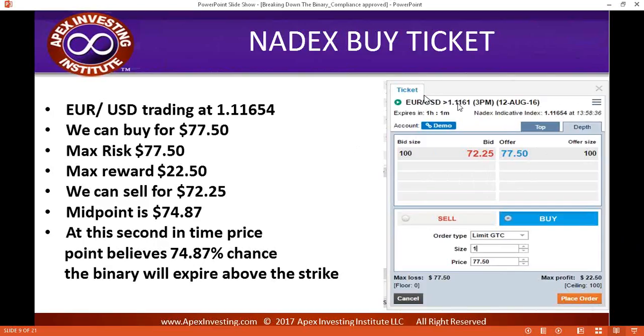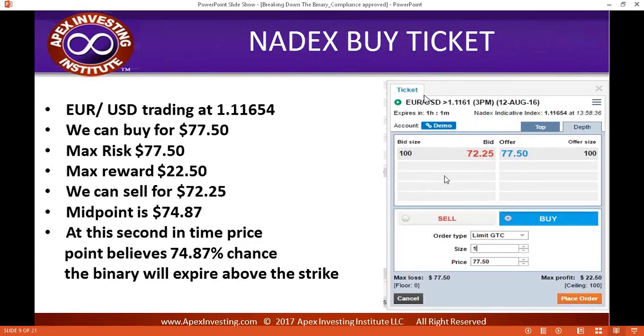Because if I sell it, that means the statement says the euro dollar will be greater than 11.61, and I'm saying no, that statement's false. It won't happen. The market will be less than 1161. But where's the market? 1165 up here. So from the sell side, this is out of the money.